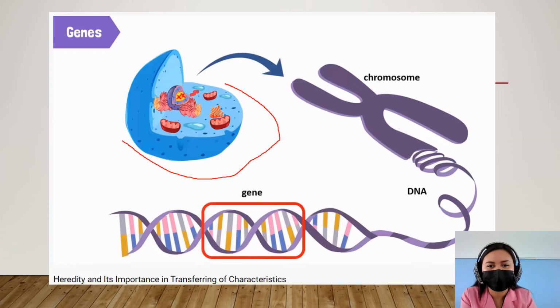In the chromosomes, there is DNA. This is what we call the DNA. And then if you look closer inside the DNA, there is our gene. Genes. These are the genes from our mother and our father.